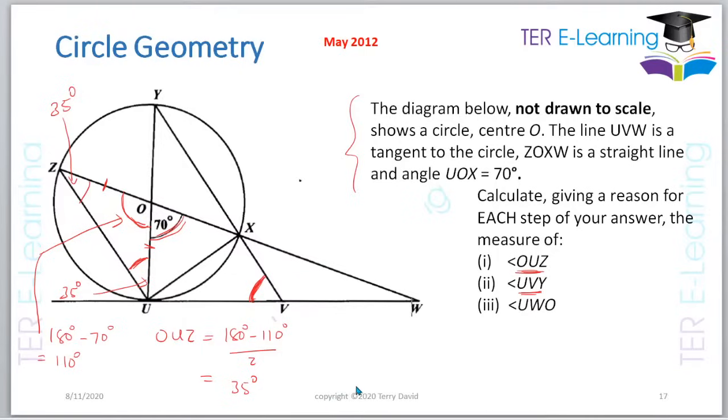I see Tiffany telling me 110. How you all getting 110? Try. OUVX is not a cyclic quadrilateral. The vertices are not lying on a circle.